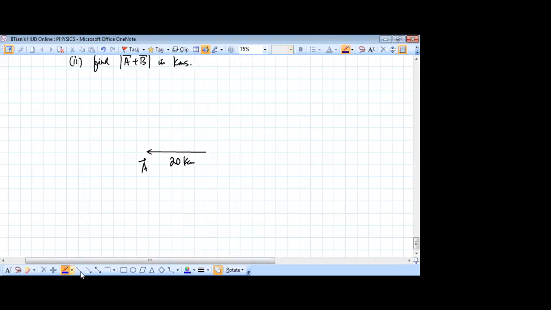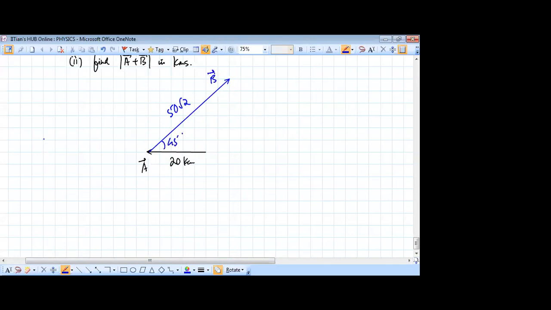It will be northeast, so it will be in this sort of direction. But if I want to make it exactly, something like this, in this direction. So this is 50 root 2, such that this angle is 45.